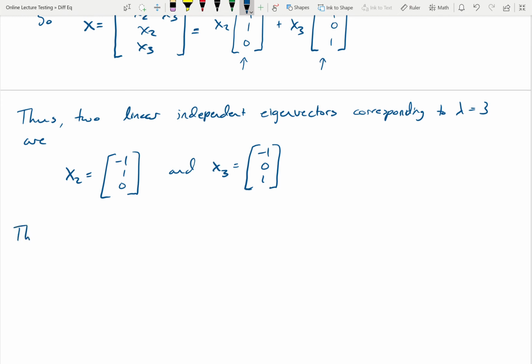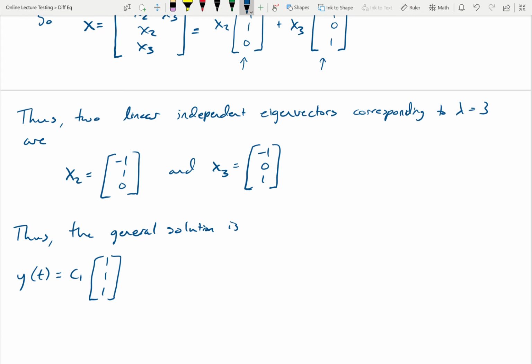Thus, the general solution is the following. Y of t is equal to c1 times our first eigenvector when lambda is equal to 0. So that means we're going to get e to the lambda t times x1.